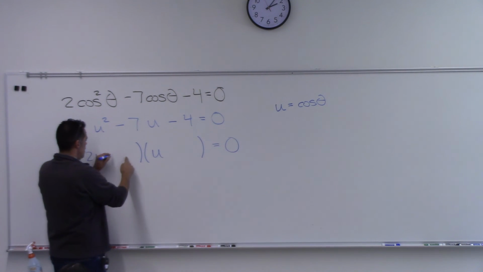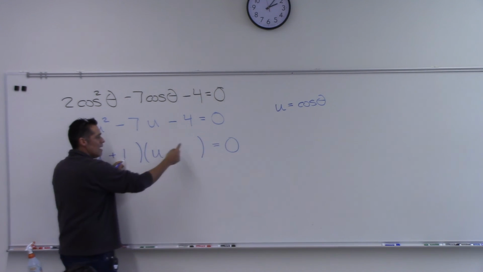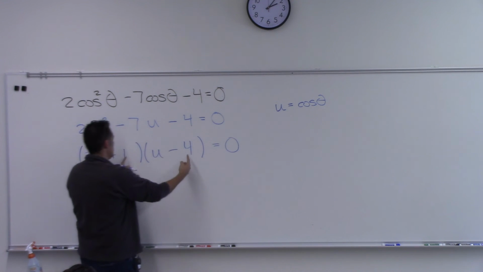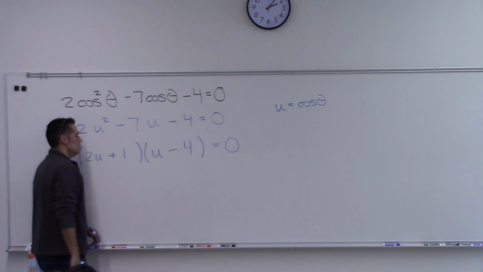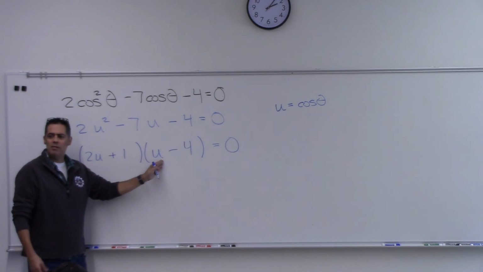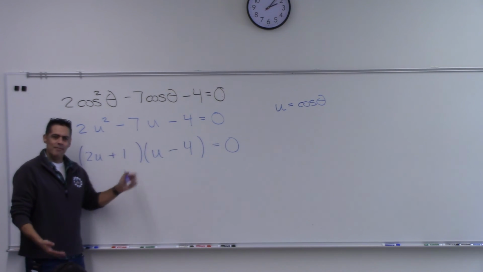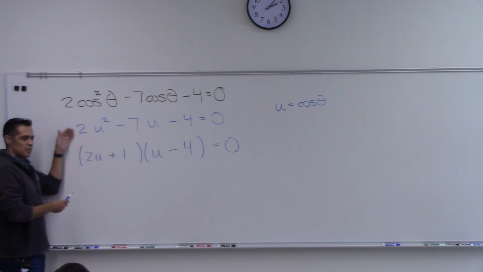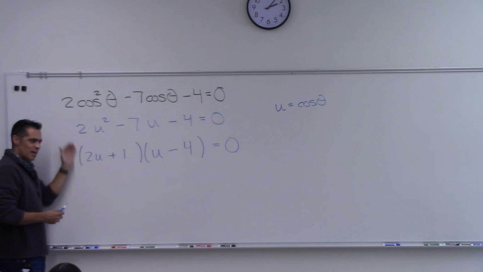I need a +1 here, and that means I would have to have a -4 there. That way these two multiply to give me -4. And if I do the distribution, that gives me -8u, +1u, that's -7u. This is a college algebra thing, right? I don't want to take too much time with this.